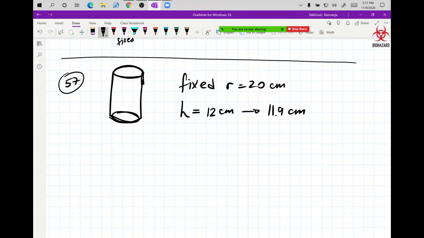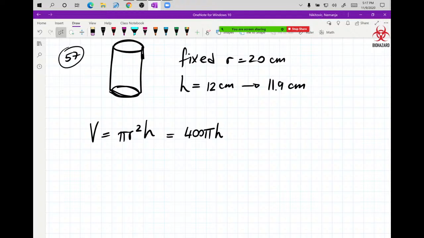All right, so we know what the volume for this thing is, right? Area of the base, which is pi r squared times the height. And being that the radius is fixed, you can immediately have this at 400 pi h. Now, this is your function in terms of the height.